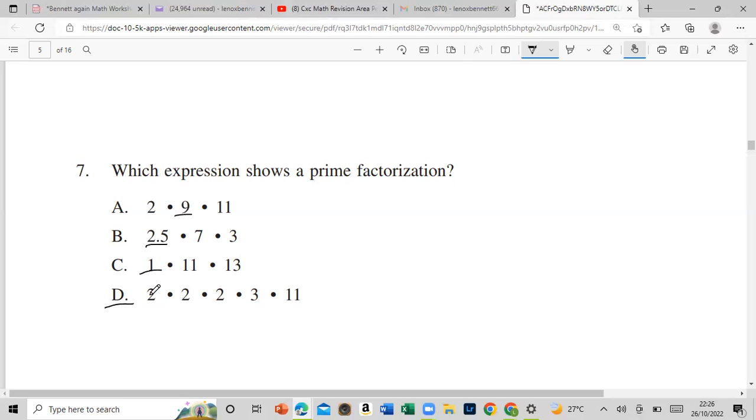Let's see what number it represents. So it's 2 times 2, that's 4, 2 times 4 is 8, 3 times 8, 24. So we're going to identify the number. So it's 24 times 11, which is 264.